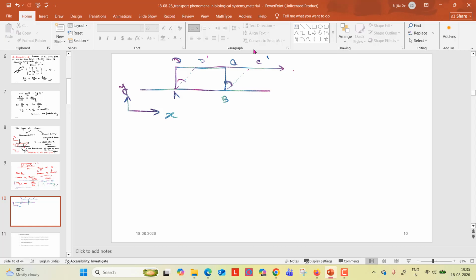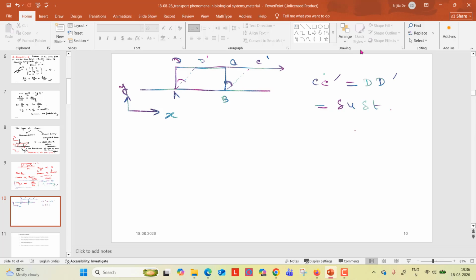So this is CC dash, which equals DD dash, which is delta u into delta t.